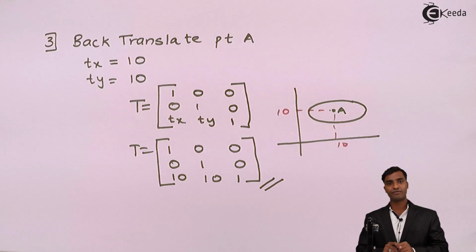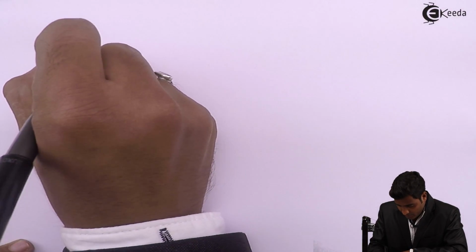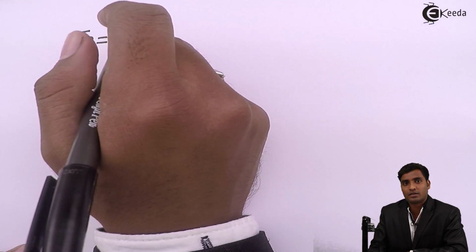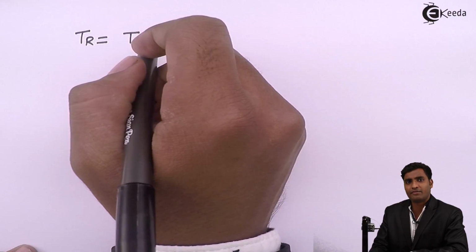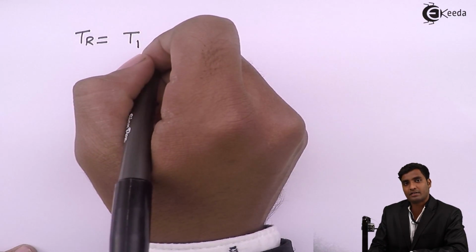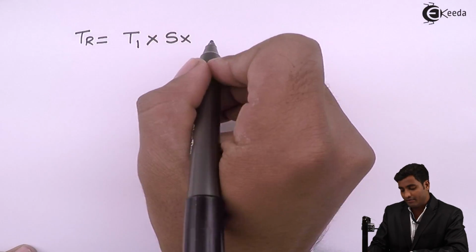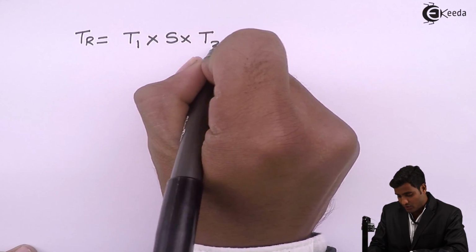So now we will find the resultant transformation, that is Tr, which is equal to, first of all, the translation we have done, that is T1. Since in this problem we have done translation 2 times, first we will write T1, afterwards we have done scaling, and in the end we have done back translation, which we will represent by T2.